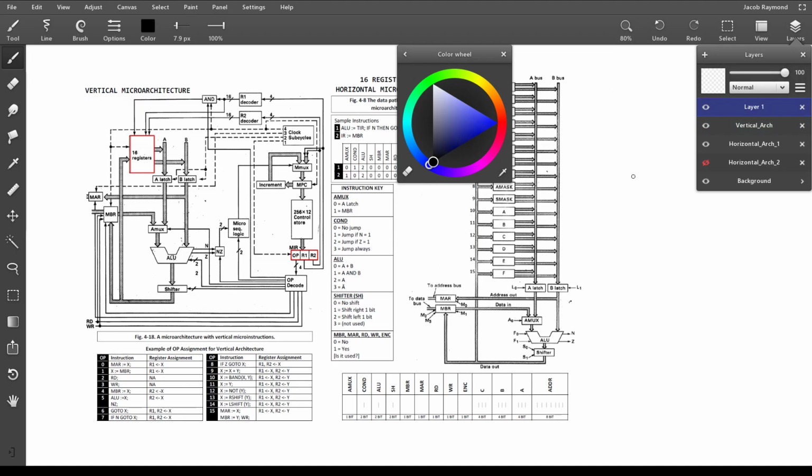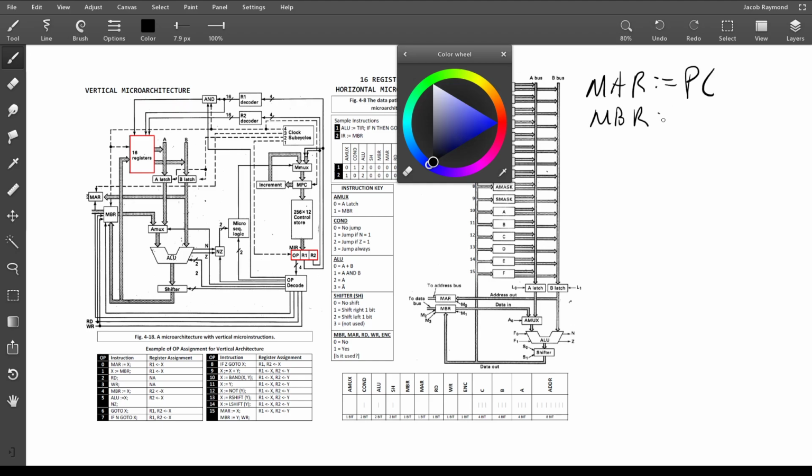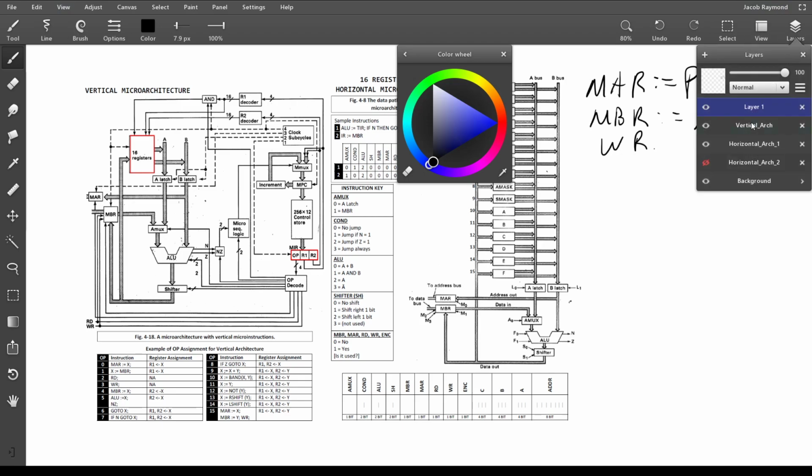So the first one I did was the MAR equals PC, MBR equals AC, and so on. Right, so we have MAR equals PC, MBR equals AC, and then right. So let me see here. Let me get a bigger copy of the table here.